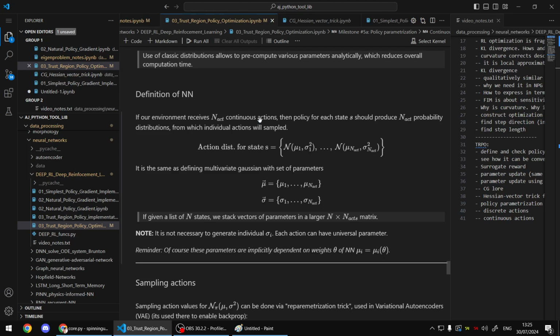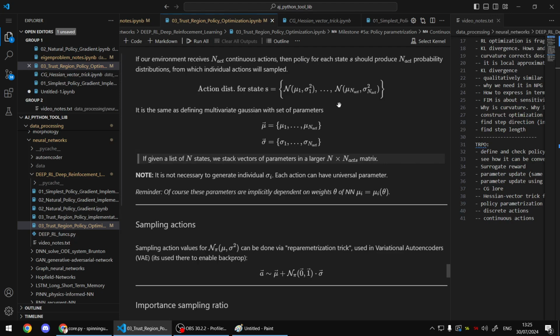That means our network in fact parameterizes state into parameters of a normal distribution. So it inputs state and outputs two parameters, from which action values are sampled.